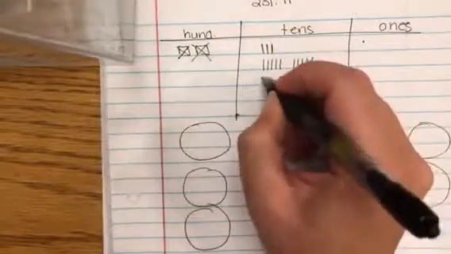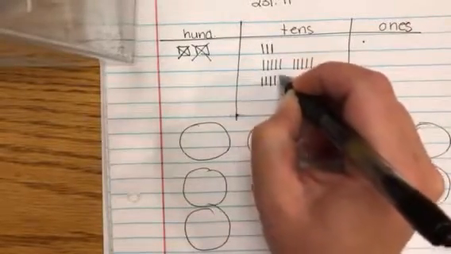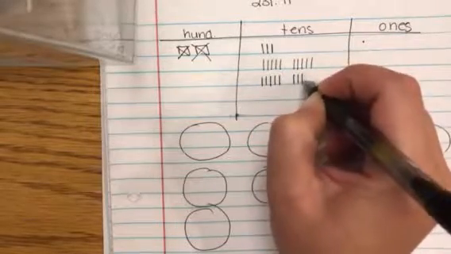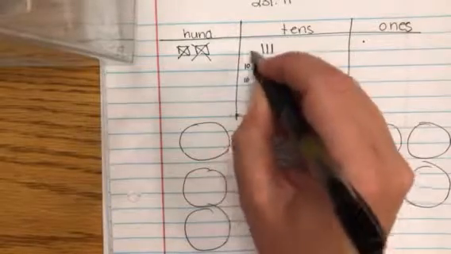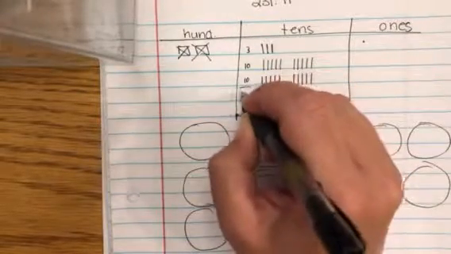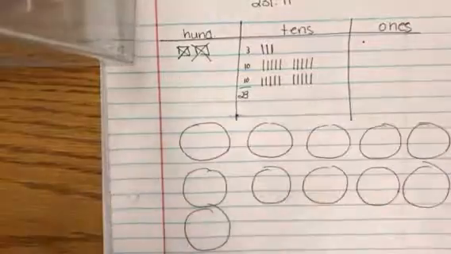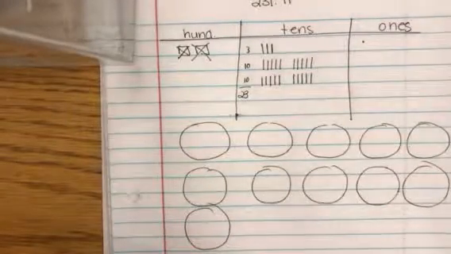Okay, but I still have this 100, so I'm going to trade this 100 too. 1, 2, 3, 4, 5, 6, 7, 8, 9, 10. So I had 10 here, 10 here, 3 here. So all together I have 23. So let's start sharing.